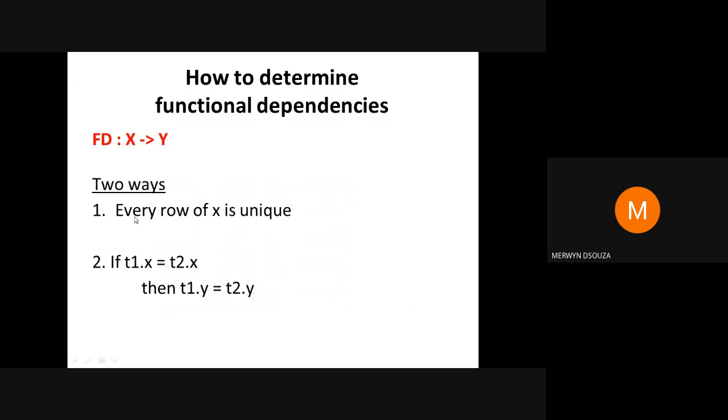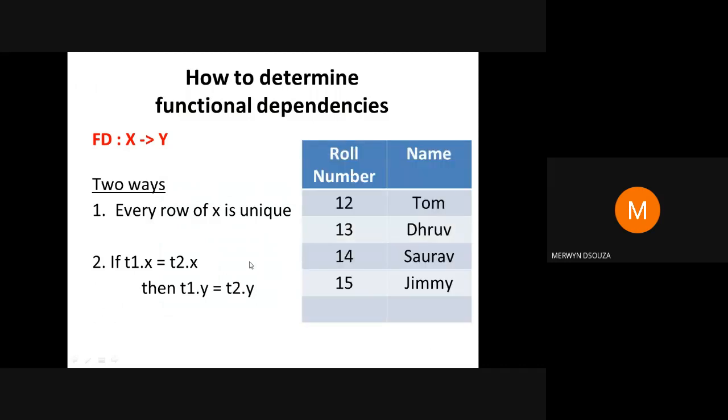But if every row of X is not unique, then you go and check for the second condition. The second condition states that if T1.X equals T2.X, then T1.Y must be equal to T2.Y. What I mean by that is, like I told you in the previous example, if you are told that there's a functional dependency roll number determines name, then X is the roll number and Y is the name.